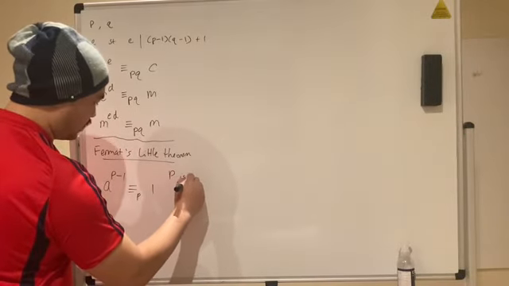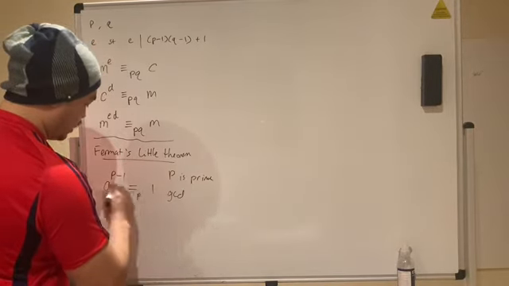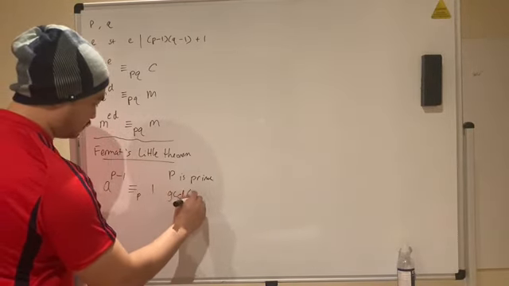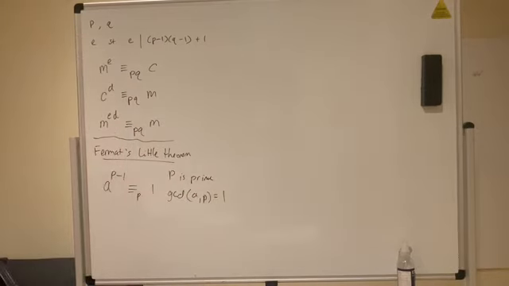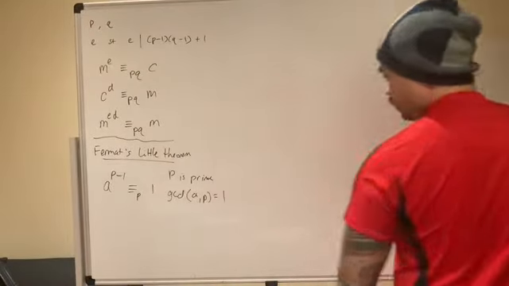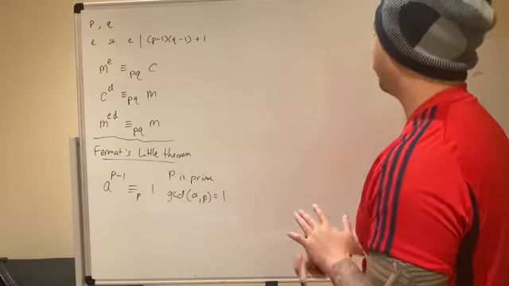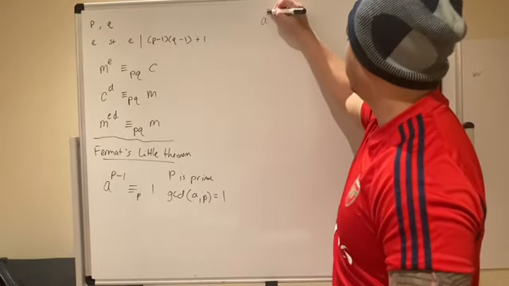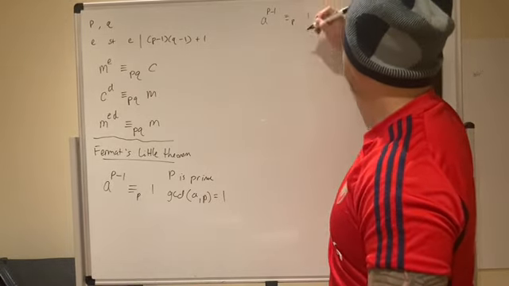P is prime, and A and P are co-prime, so we get GCD(A, P) equals 1. Now using this, we can write it up here: A^(P-1) mod P equals 1.